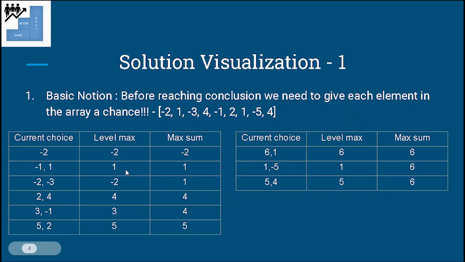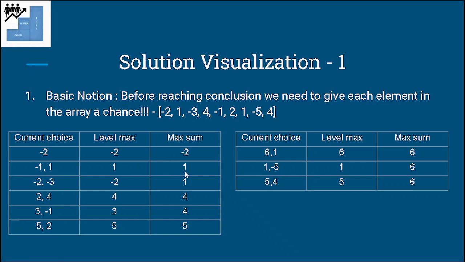So this is best of the two choices, and this would be maximum sum till this element inclusion. What this indicates is, till the previous level what was the maximum sum, and then including the current choice, whatever it is, what is the maximum sum? So that would be the maximum of these two elements.